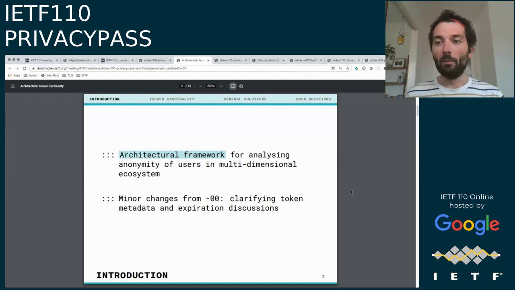So the architecture document is kind of similar to the architecture document used in the MLS working group, and is based around formalizing these ecosystems. So we're currently at the second iteration of the architecture document in this working group, and there have been minor changes in the last iteration around clarifying token metadata considerations, which, as Chris mentioned, is going to be discussed later. Next slide, please.